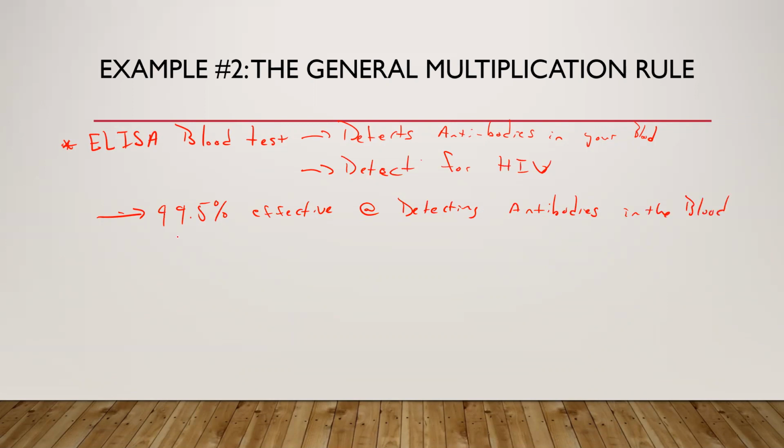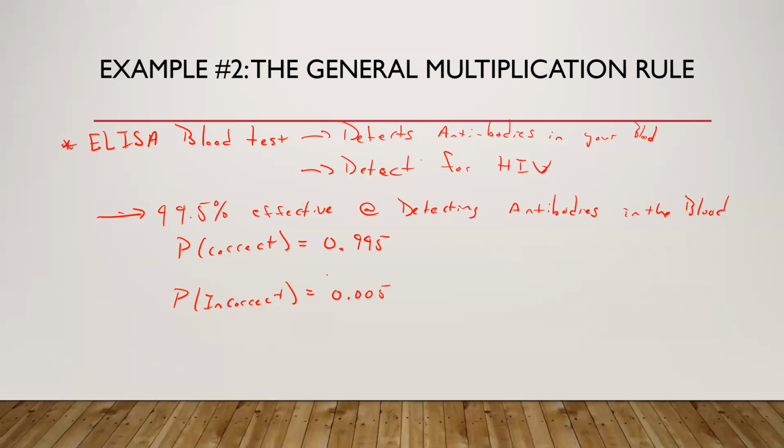What this means when I say it's 99.5% effective is the probability that you take the test and it comes back correct is 0.995. Is that a pretty good probability? Yeah. Okay, then what's the probability the test comes back incorrect? 0.005. Yep, just 1 minus this, because that's the complement of it.